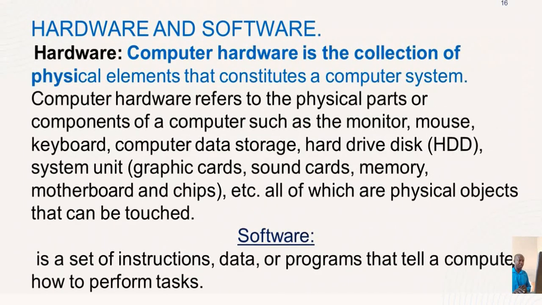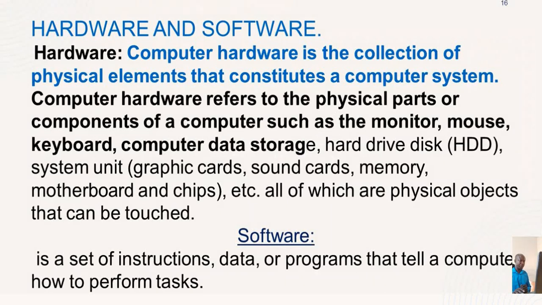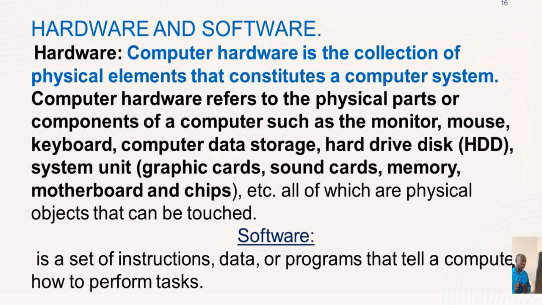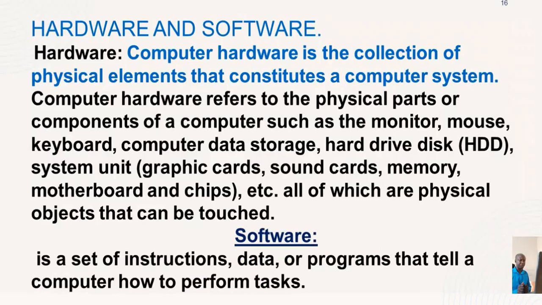Hardware and software. Computer hardware is the collection of physical elements that constitutes a computer system. These are the physical components of a computer system, hardware.